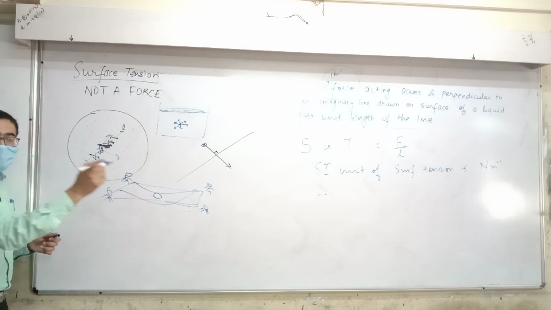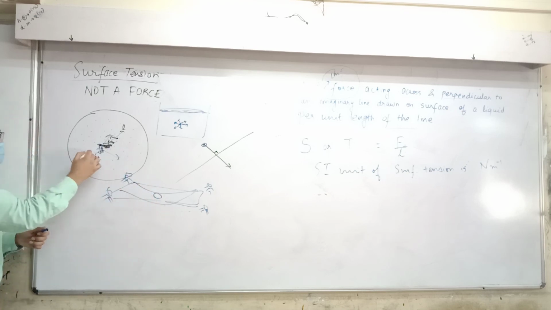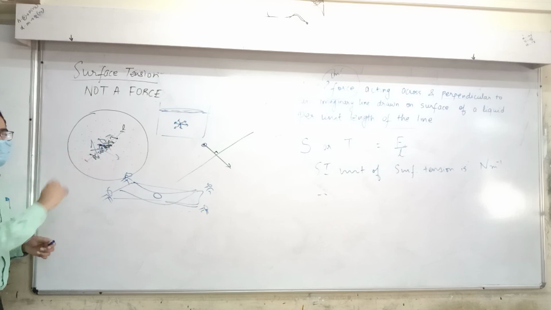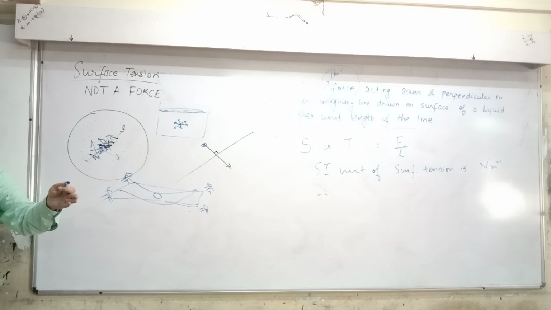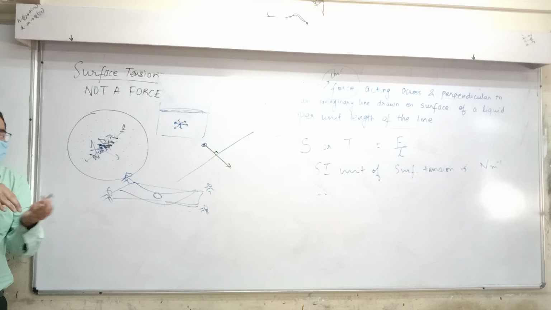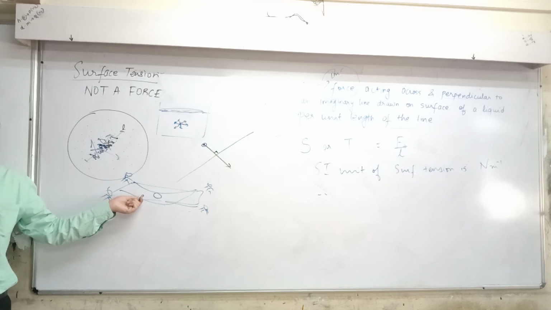If the mosquito's leg is here in the middle, the molecules would have to move away. But because the molecules are attracting each other, they will not move away. So the surface will not get broken, and the mosquito will be able to sit on it as if this is a piece of cloth.